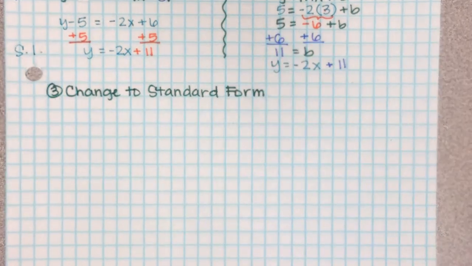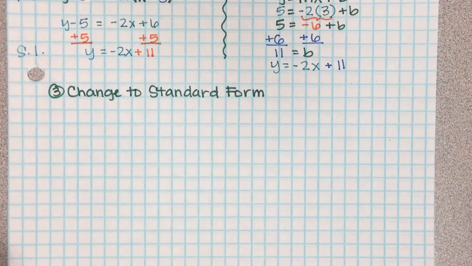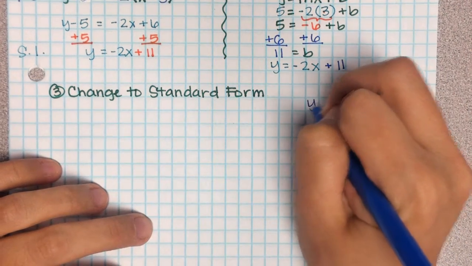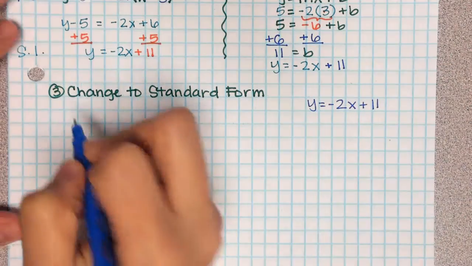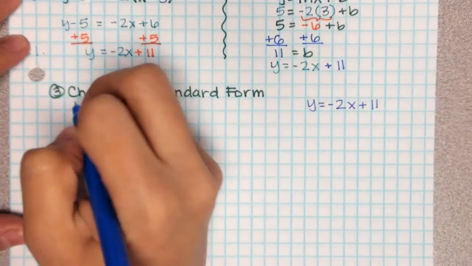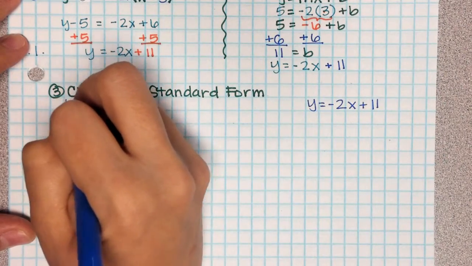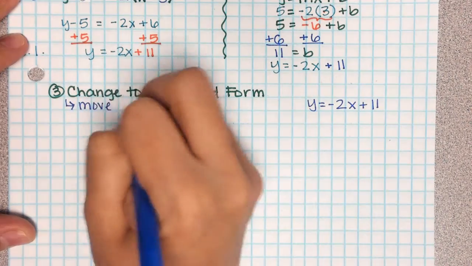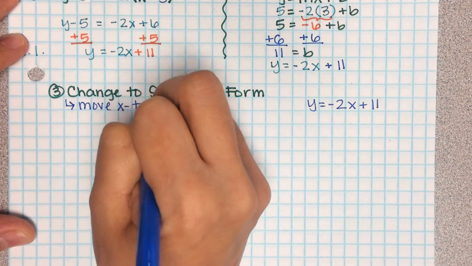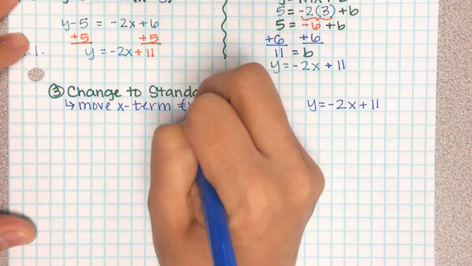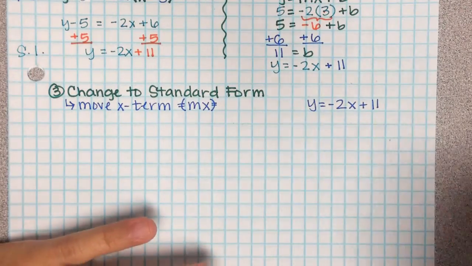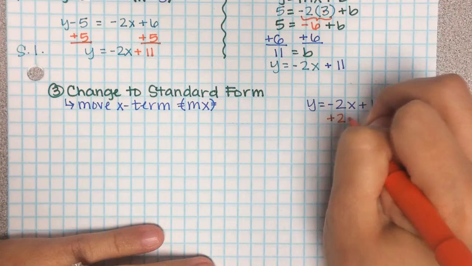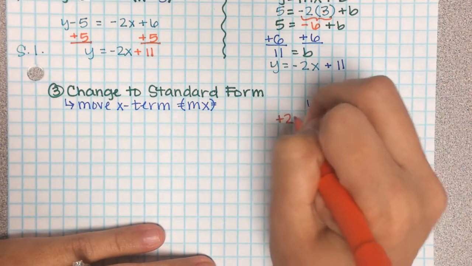So we take my equation in slope-intercept form. And I'm going to start first by moving the x term. Which again is your mx. So I'm going to add 2x to both sides.